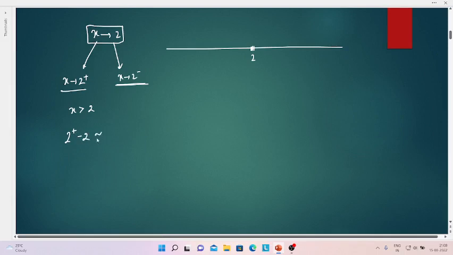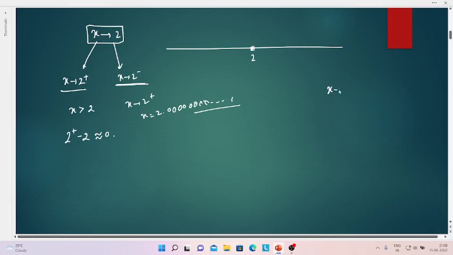It may be very near about 0. We can choose x tends to 2 plus as x equals something like 2.0000000001. We can choose that particular number, which is almost near to 2 but not equal to 2. That means x tends to 2 plus.